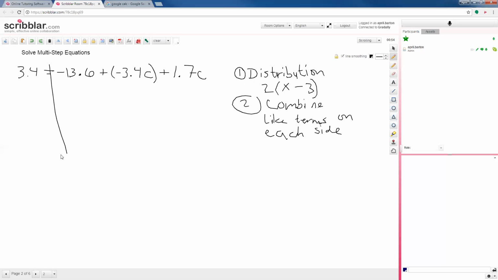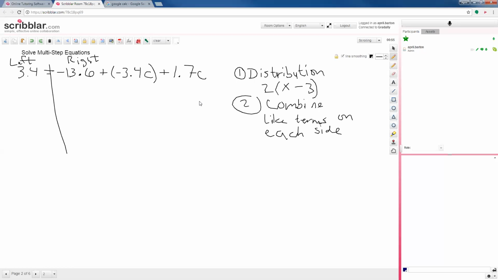Our equal sign splits it into 2 different sides, left side, right side. So we want to check both to see, is there any like terms to combine? On our left side, there's only one number. It's not possible to have like terms. You need more than one thing for a like term. On the right side, there are some like terms.